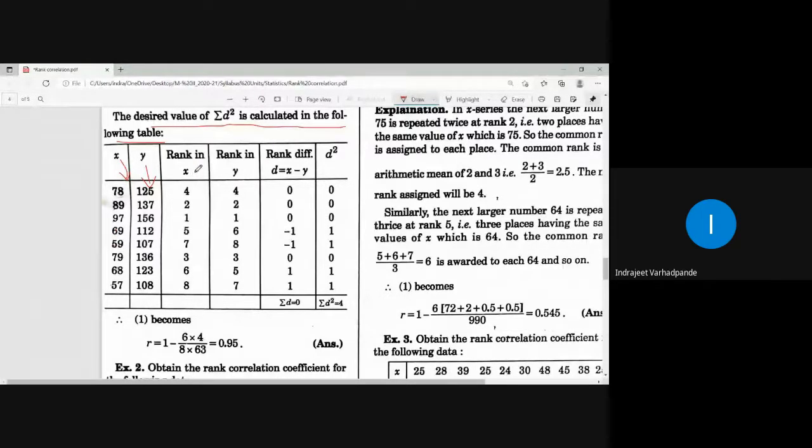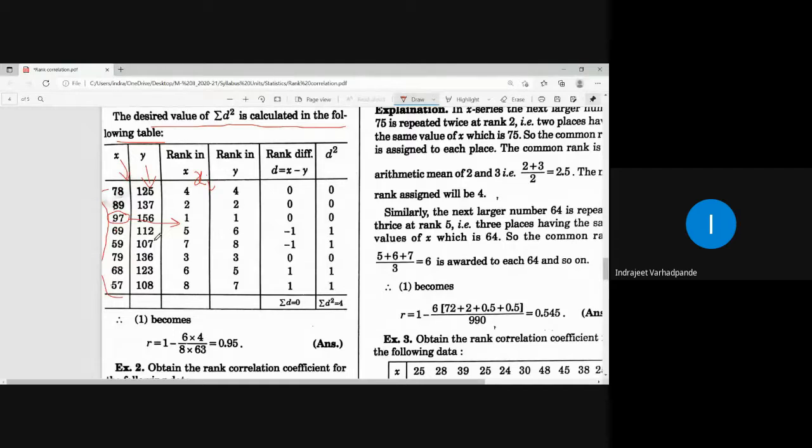Next is the rank in x, which is called xi. How to calculate this rank? As I told you, the normal process of calculating rank is to assign number 1 to the highest. So in the column of x, which is the number having the highest value? 97 is the highest, so it will be assigned rank 1.